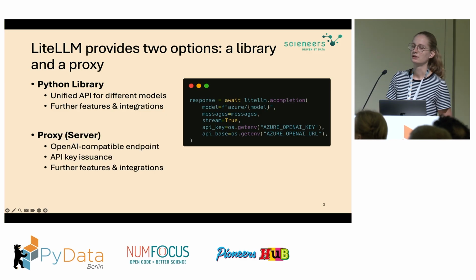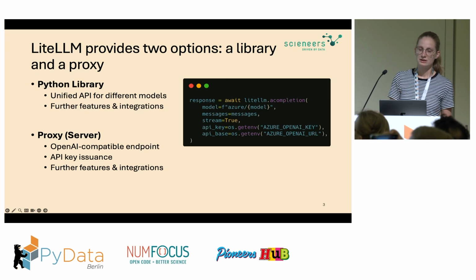The second option is a proxy, which is basically an OpenAI compatible server which sits between your application and different model providers. The cool thing is that it can also issue API keys for you. For example, in our context, there are courses in computer science or other subjects who may want to do projects experimenting with generative AI.